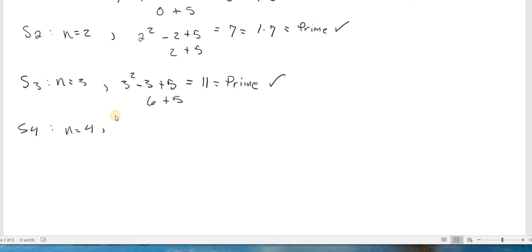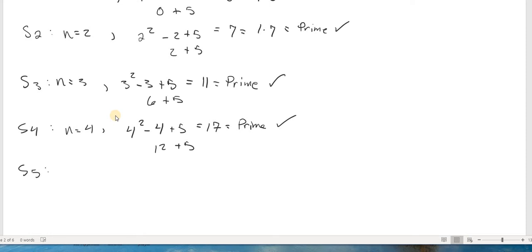Plug in a 4. Let's see what happens. 4 squared, take away 4 plus 5. How much is this? 16. Take away 4 is 12. 12 plus 5 is 17. Well, are you convinced yet? Because it looks like it's working. Let's try one more.